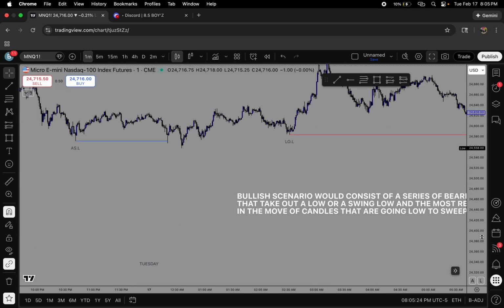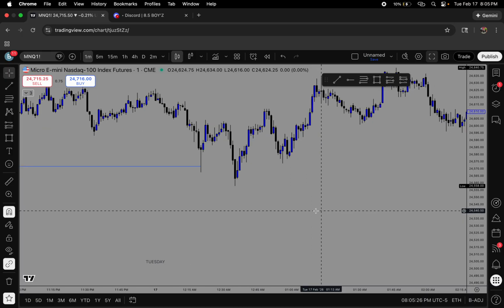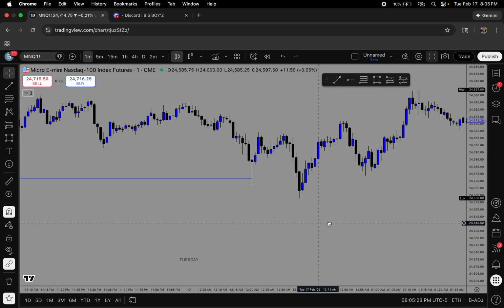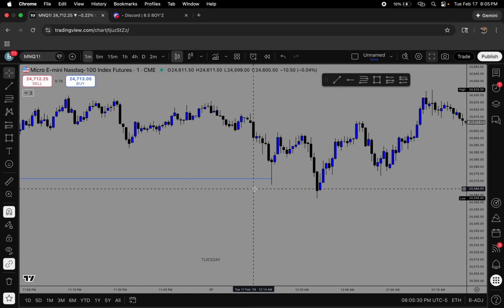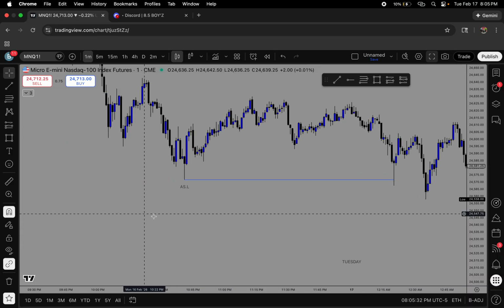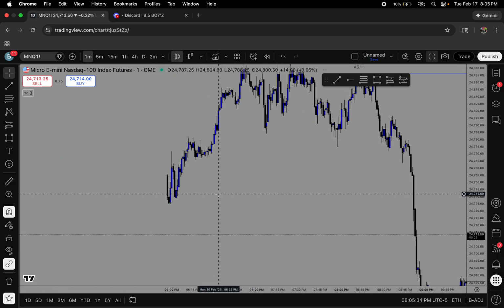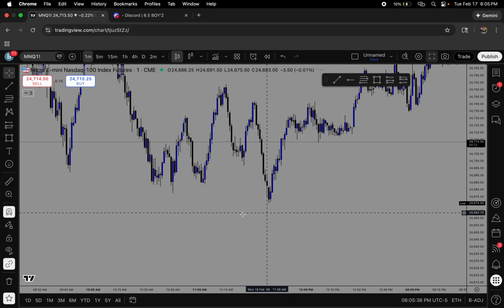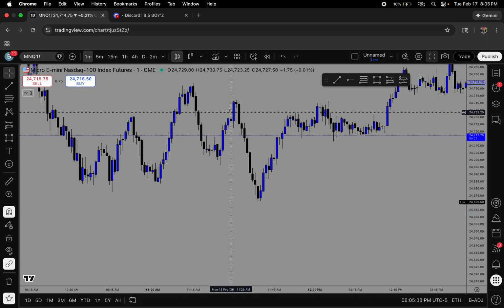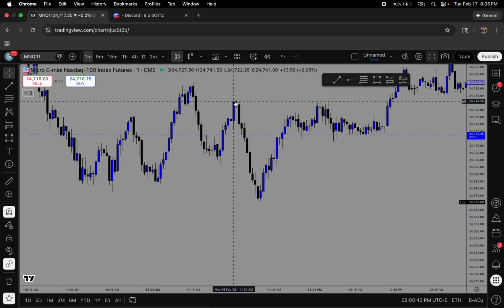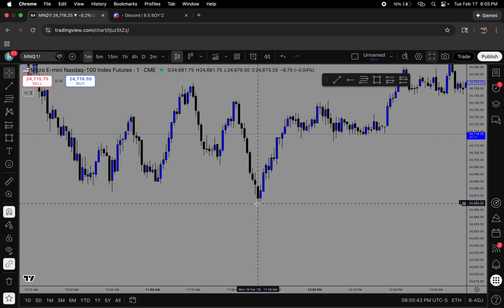I'm going to pull up another example. Let's see. These are when it gets tricky because you have all this move.